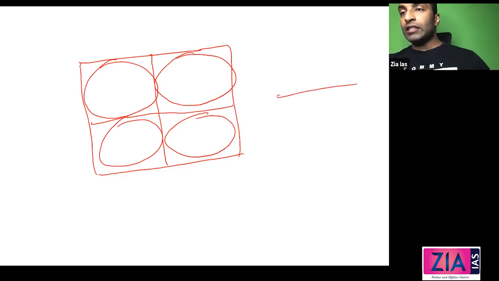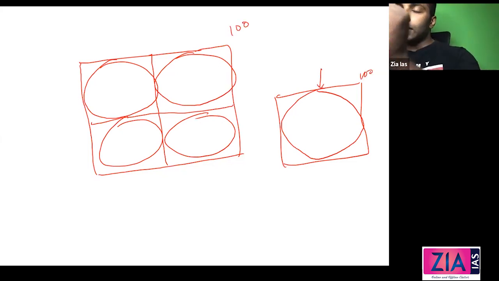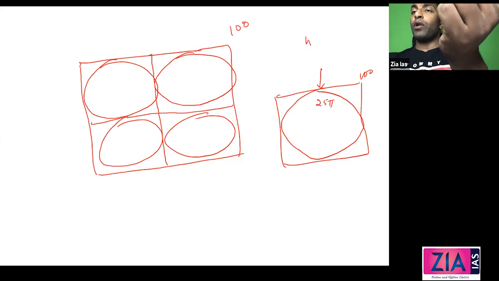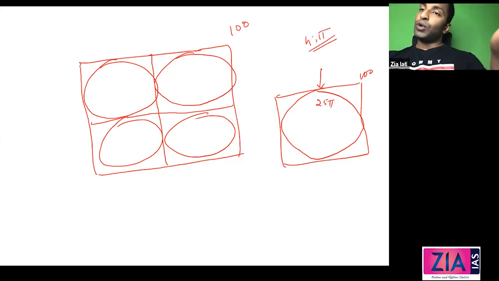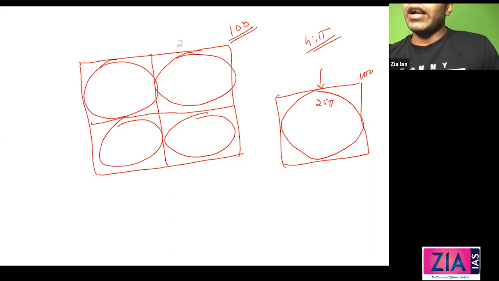But guys, this will be similar to this ratio. The ratio will not change. So if this is 100, what will the circle be? The circle will be 25 pi. Why? What ratio? 4 pi ratio. So if this is 100, each of the small squares will be 25, 25, 25, and 25.